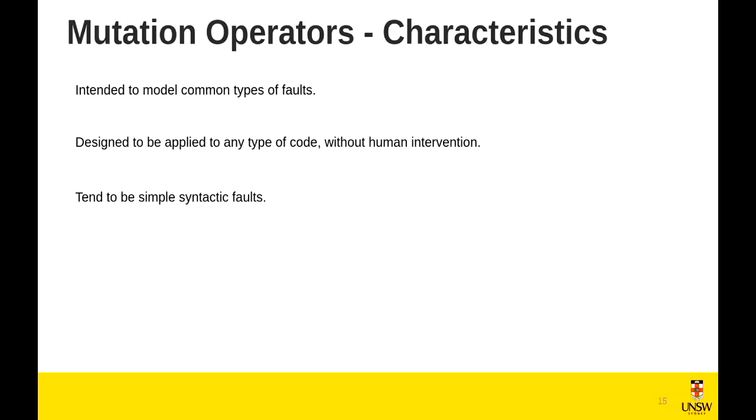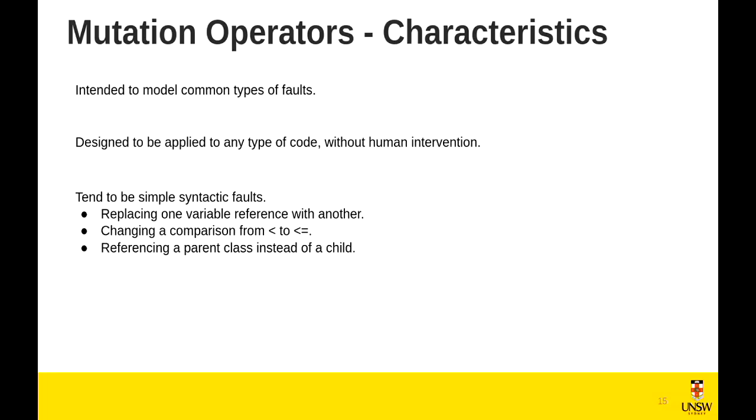The last one is that most mutation operators tend to be simple syntactical faults. For example, we can replace one variable reference with another one, change the comparison from smaller than to smaller than or equal to, or reference a parent class instead of a child, making small changes like this.